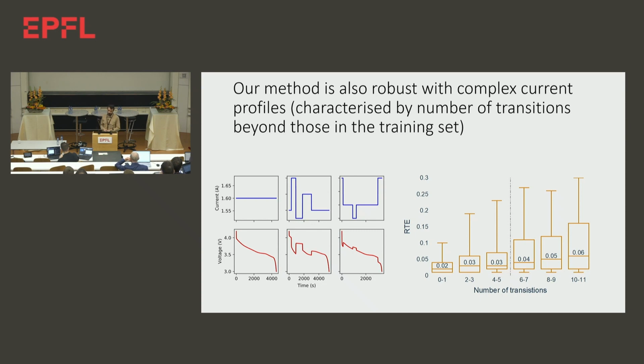Then in the test, we increased this up to 11. And we were studying, as you can see on the right plot, how the performance decreases. Of course, there is a tendency of decreasing performance, but even with profiles above 5, which was within the training set, the performance does not explode and does not suddenly become worse. The model is quite robust to this kind of unseen input profile, which is nice.